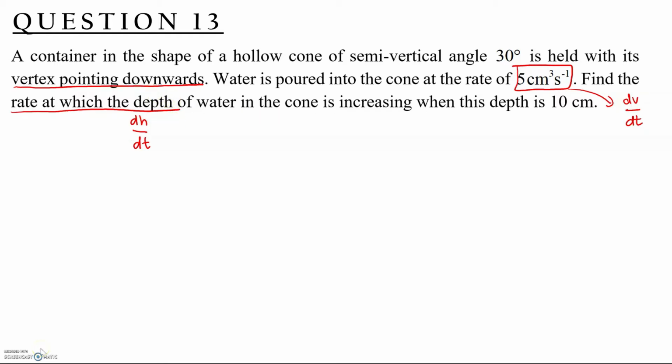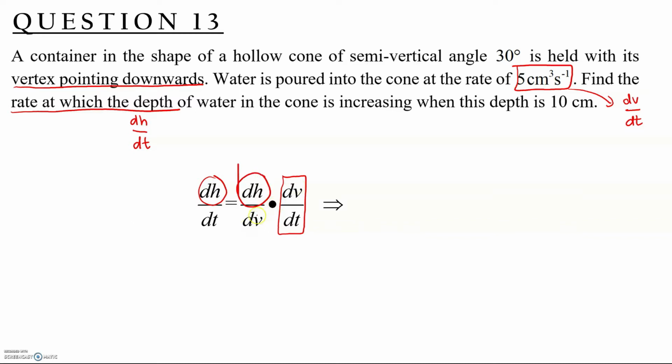So to find out our dH over dt, we need to use the chain rule with the given information of dV over dt. So dV over dt we already know from our question, and dH here I just copy back here.